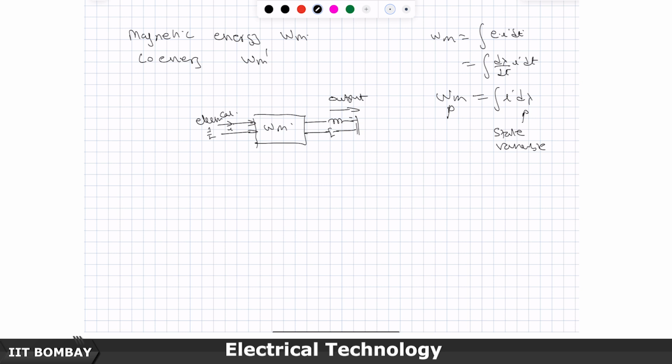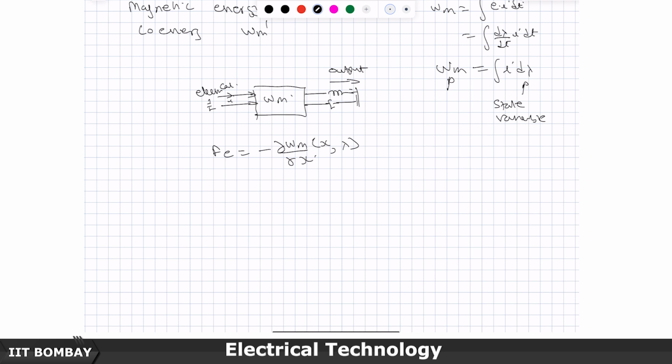We had shown that Fe can be written as minus the derivative of Wm with respect to delta x, the state variable, where the magnetic energy is a function of x and state variable lambda.